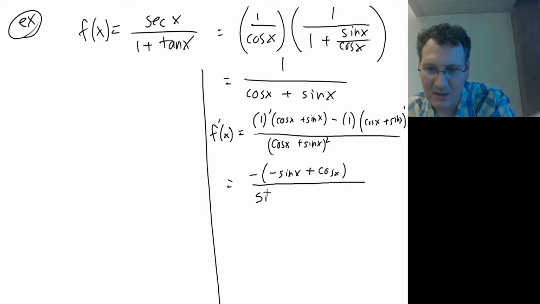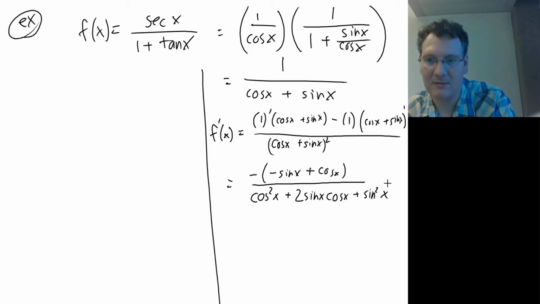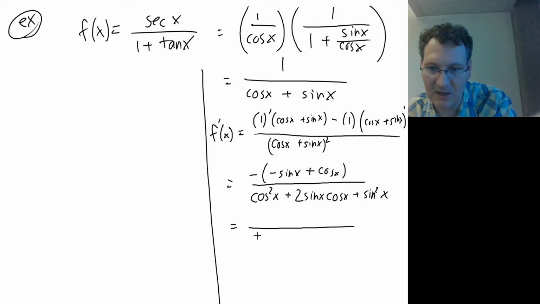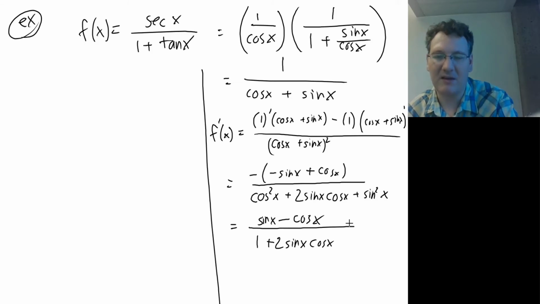That means, I'll write it in this order, cosine squared x plus 2 sine x cos x plus sine squared x. The sine squared plus the cosine squared gives you a 1 in the denominator. So I'm going to have 1 plus 2 sine x cos x, and up top it's going to be sine of x minus cosine of x.